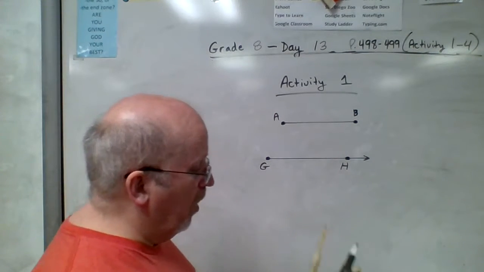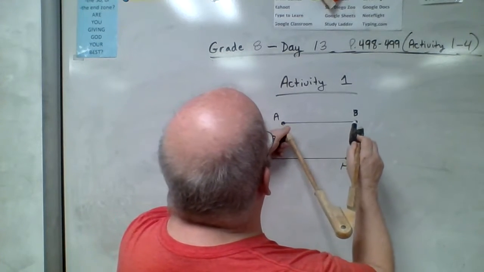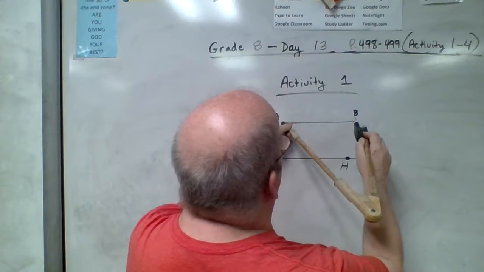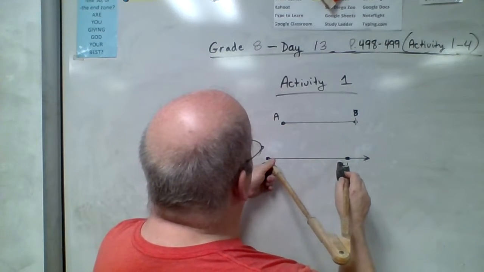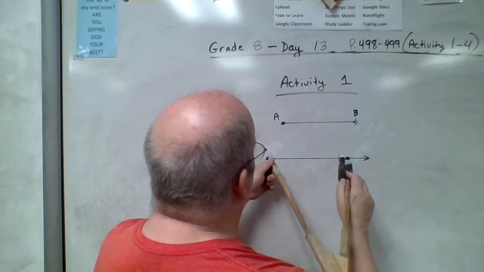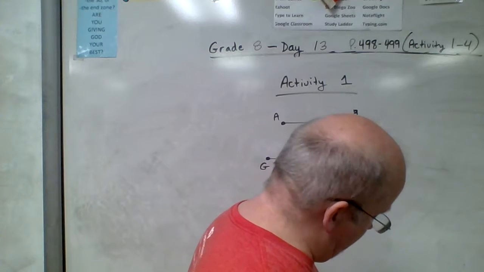Really quite simple. All you need to do is measure the distance from A to B using your compass. Make a little arc. Keep that same distance. Draw another arc. And you're pretty much done.